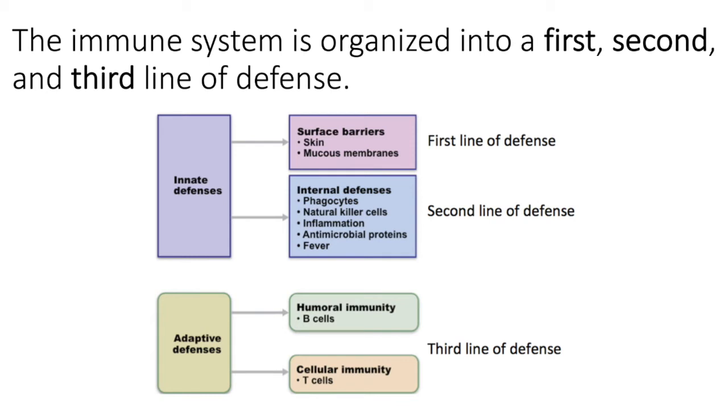However, if a pathogen breaches that first line of defense, it will encounter the second line of defense. And that includes various cells and proteins, as well as responses that will work together to destroy that pathogen.